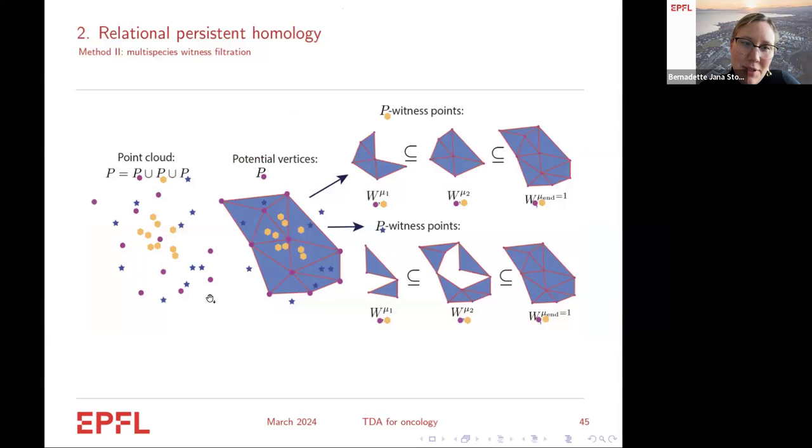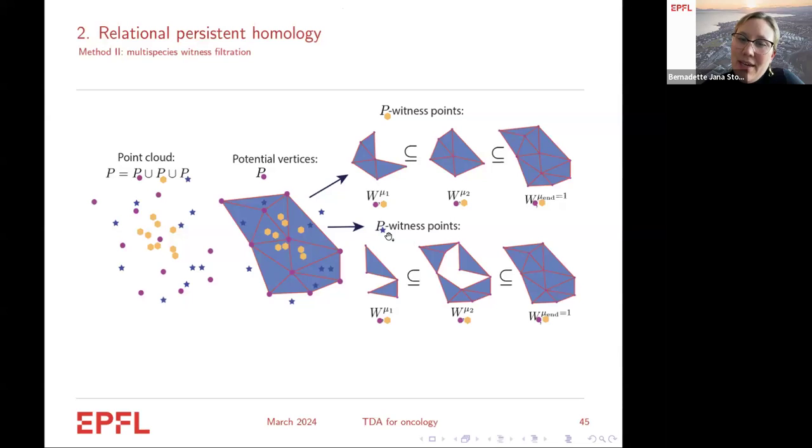So here is an example. We have a point cloud that consists of these purple points, yellow points, and these blue stars. We choose our purple points as being our reference or landmark points, and on these, we construct a Delaunay triangulation. Then we can use, for example, the yellow points as witness points. We include these simplices that have the most witnesses, so 2 in this case, first, and then those with 1 witness, and then all the remaining ones.